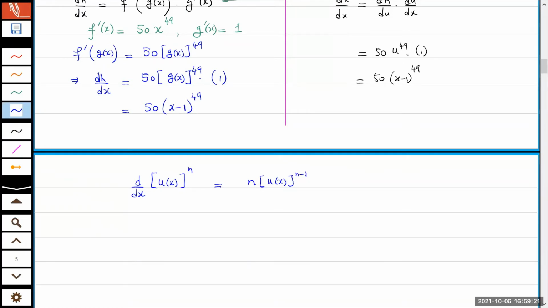This is the power rule. But the extra thing that comes in is you have to multiply it with du dx, the derivative of the function that is sitting under the exponent, the base, u of x. This is an extra term from the previous power rule.